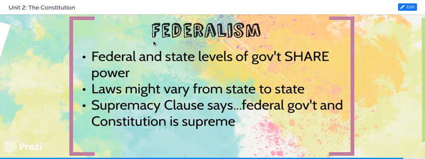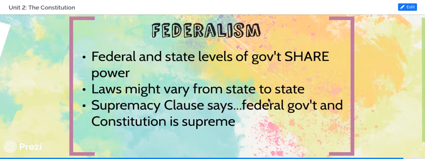All right, the next one is federalism. So this one is when federal and state governments share power. If you don't put a star beside federalism, I will beat you over the head with a pool noodle, okay? Put a star beside this. This is important. I'm going to be referencing the word federalism from now until the end of this course. So please make sure you are nice and comfortable with the word federalism and what it means. Okay?